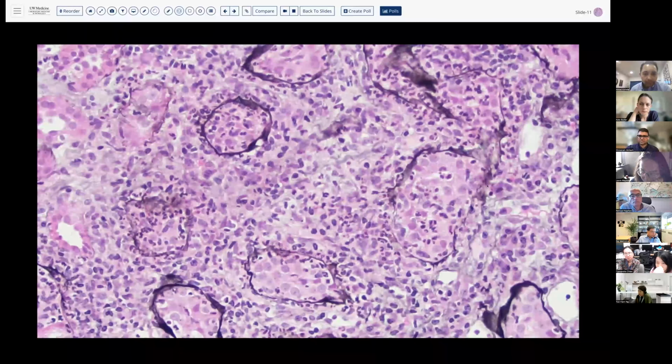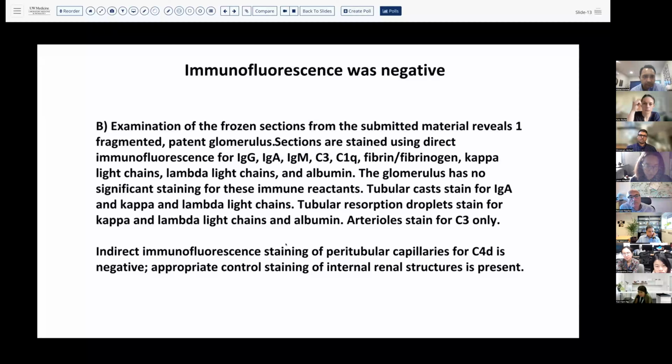So that was one portion of the biopsy that we got, which was processed for light microscopy, as I described to you before. The second processing stream is immunofluorescence. And in this instance, it was negative, but I'm presenting here the portion of the report that describes that for the new fellows, just so that they understand what we do.